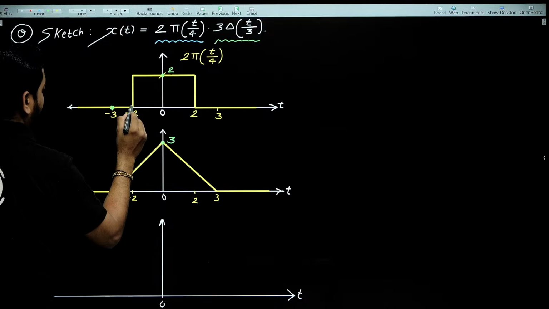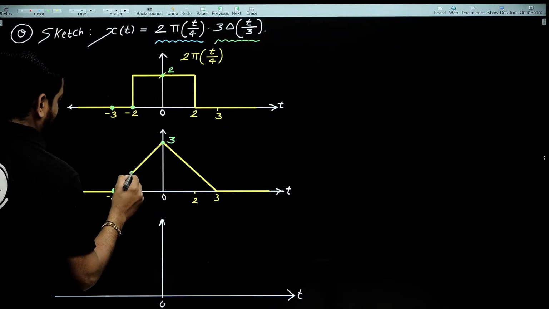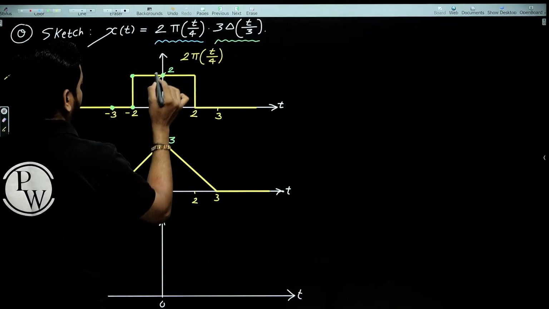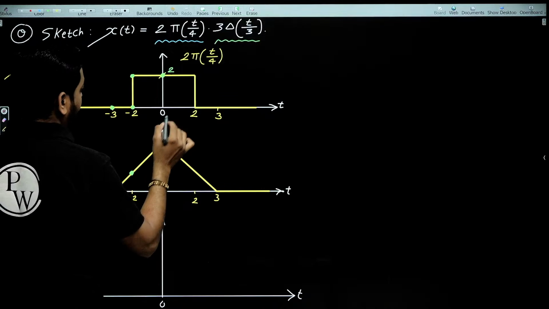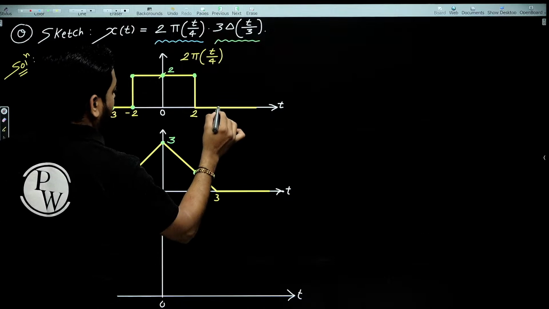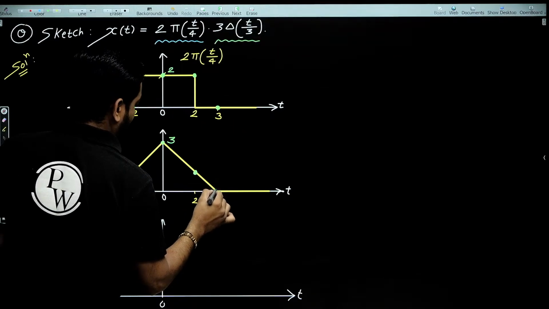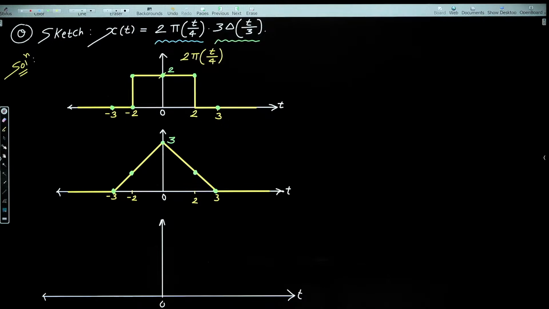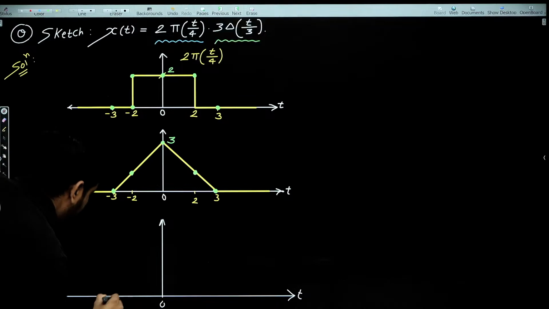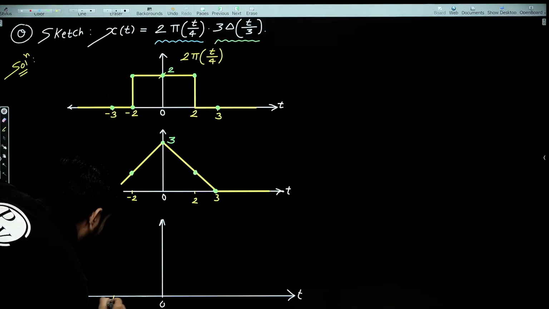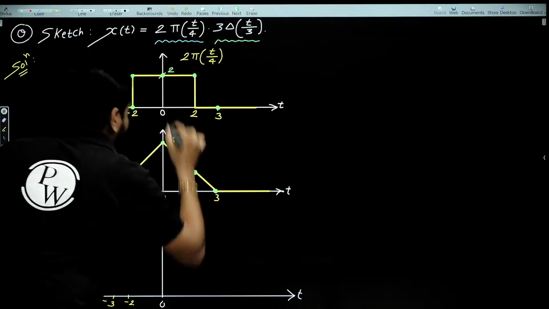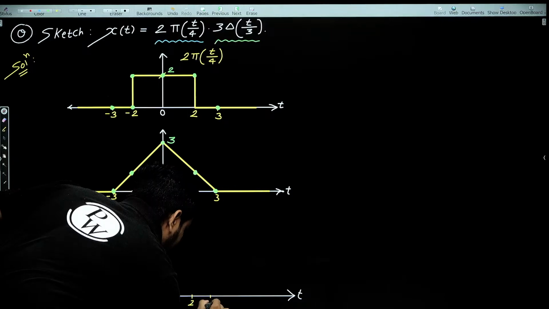Now signal multiplication. At -2, sudden change. Then here these are 2, guys. At the origin is this point here. Okay, now signal multiplication, guys. So here this is -3, at -2, at 2, guys, and this is at 3.